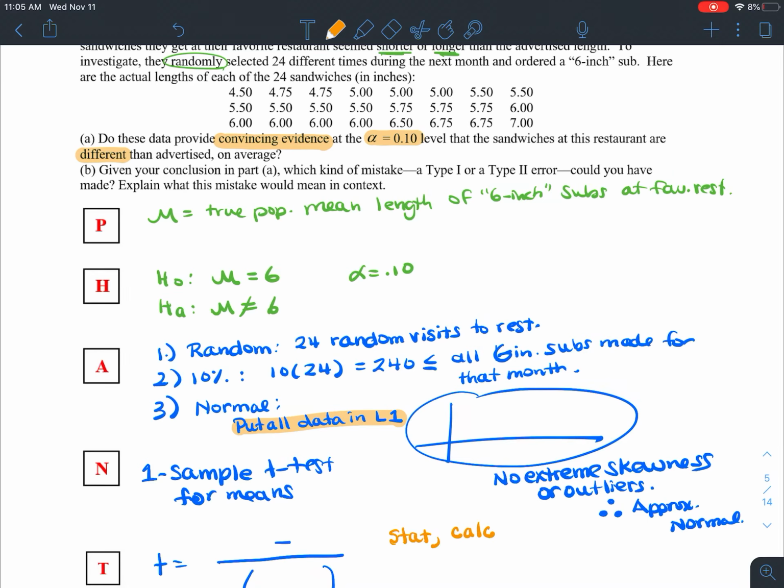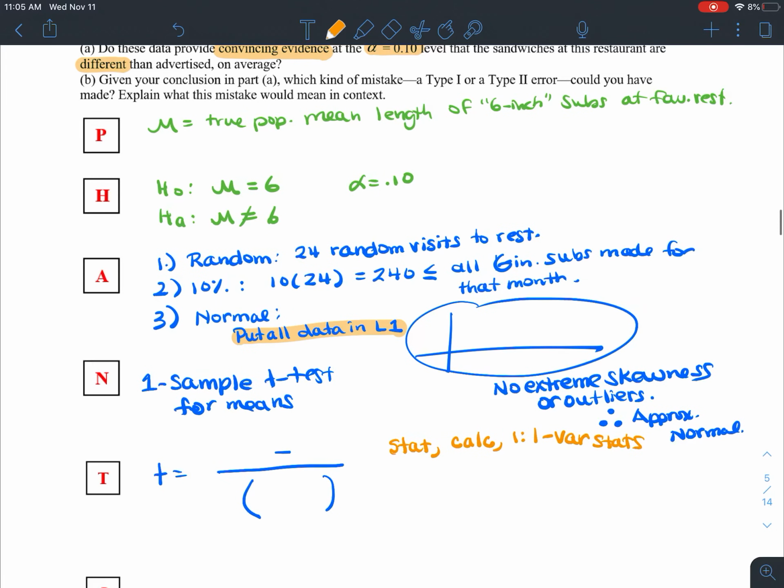You're going to bump over to the calculate menu, and pick option 1 that's called one variable stats. This is where we would always go if we wanted the 5-number summary, or the mean or the standard deviation. I need the X bar. I need the mean for this. So you're going to press enter.